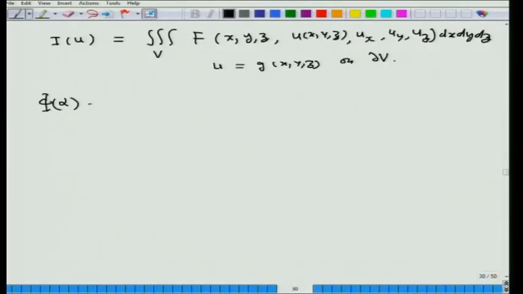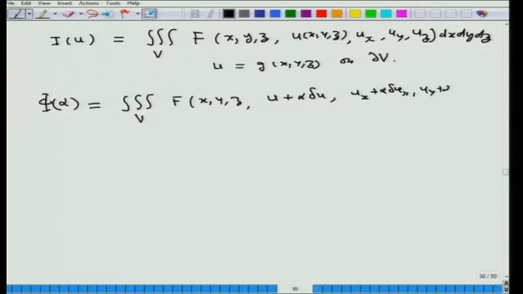We will have phi of alpha defined as the integral over V of f of x, y, z, and then u plus alpha delta u, and then u_x plus alpha delta u_x, u_y plus alpha delta u_y, and u_z plus alpha delta u_z, dx dy dz.